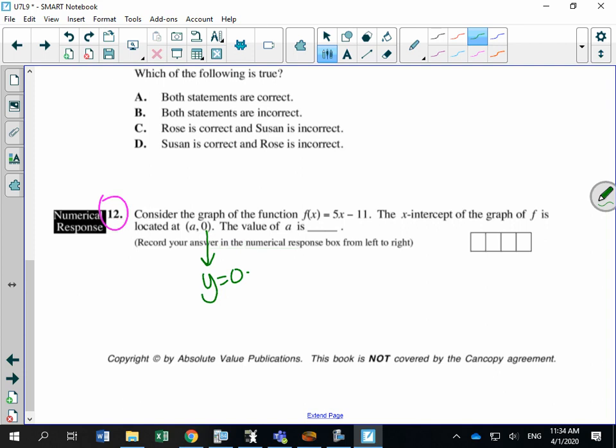Now remember, a fancy way of writing y is f of x. So when f of x is equal to 0, take this out and put 0 in there. And then manipulate this to solve for x. So add 11 to both sides and then divide by 5 and you'll get your answer.